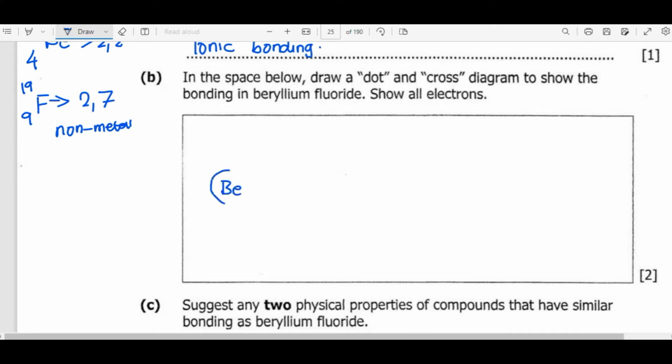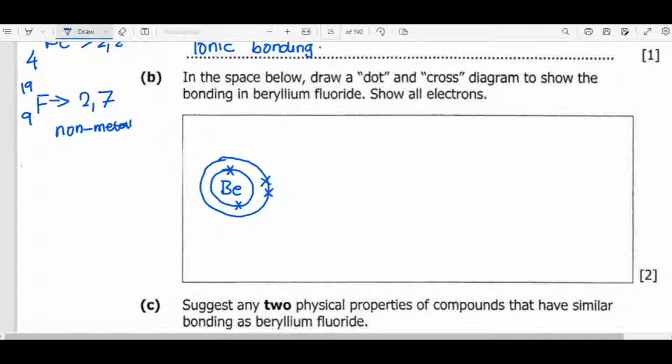So we are going to have the first shell and the second shell, since we are told to show all the electrons. Remember, according to the configuration, the first shell will occupy 2 electrons. Then the outermost shell will occupy 2 electrons. So for beryllium to be stable, it needs to lose 2 electrons.